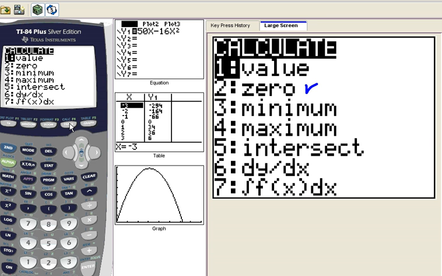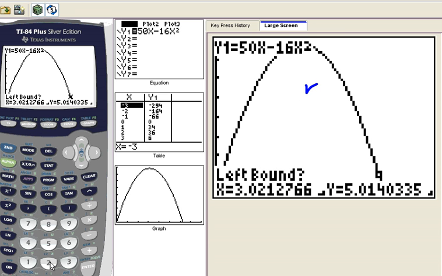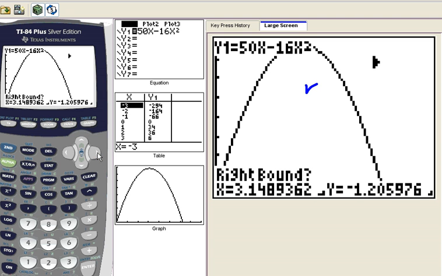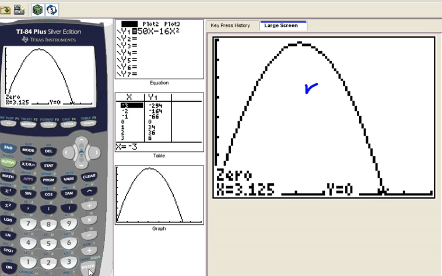That's number 2. Again, it'll ask me for the left bound. Left bound has to be above the x-axis, so I'm going to press enter. Now it asks for a right bound. It needs to be below the x-axis, so I move a little bit to the right. Press enter, and then press enter one more time and it'll guess. So if I needed to be more accurate there, I could say that it'll hit the ground again at 3.125 seconds.